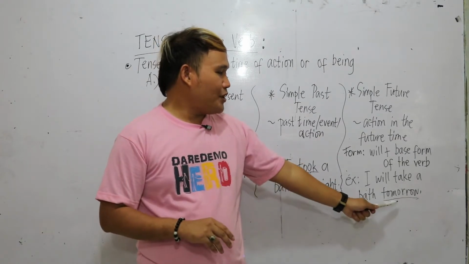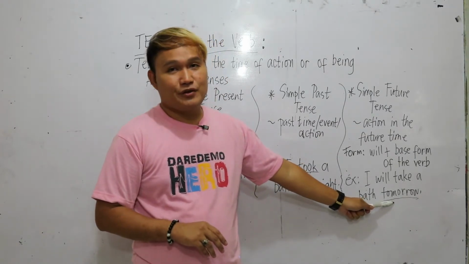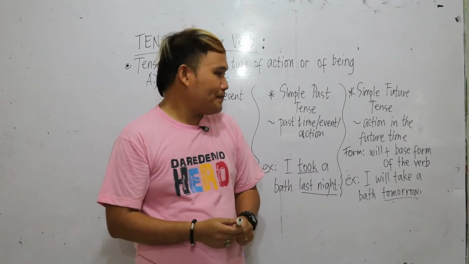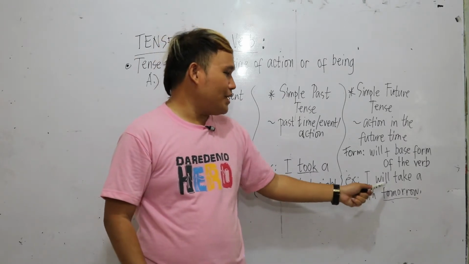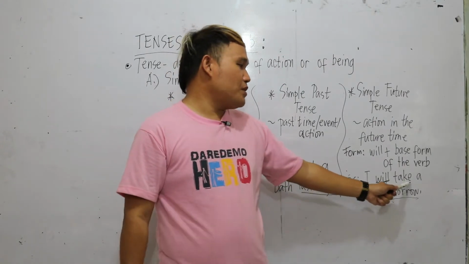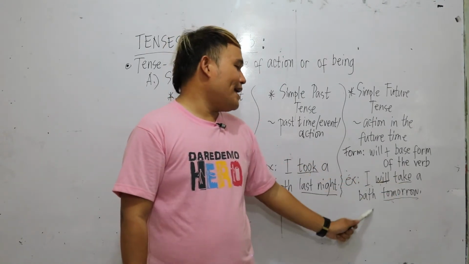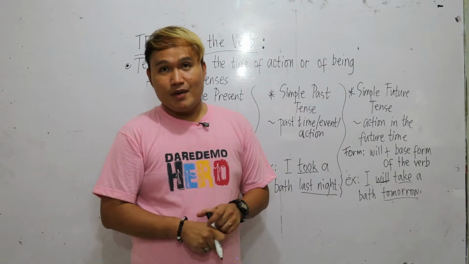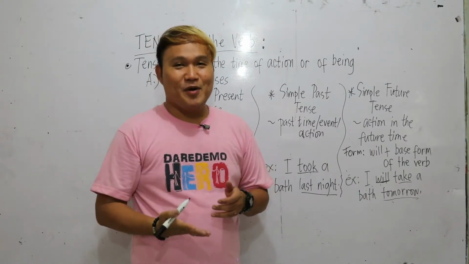So we have here the clue tomorrow. It refers to a future time. So I will, of course, here we use will because it's the formula: will plus the base form of the verb, which is take. I will take a bath tomorrow, which means that's going to happen tomorrow.